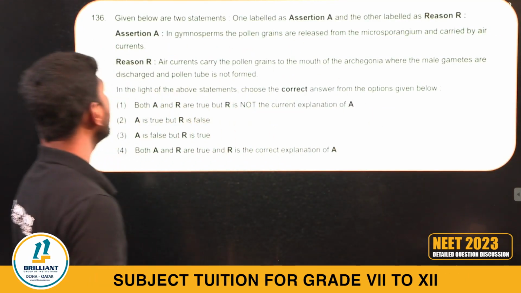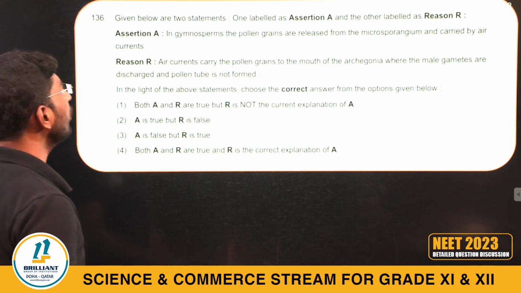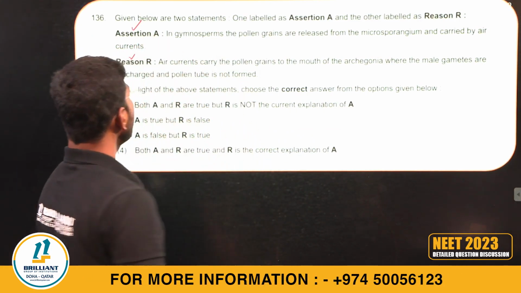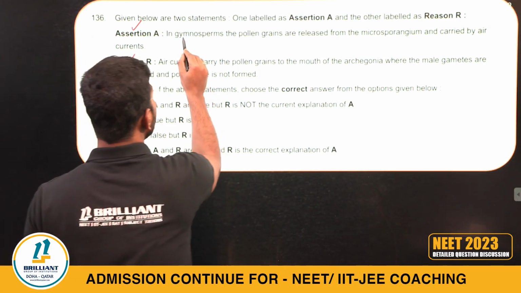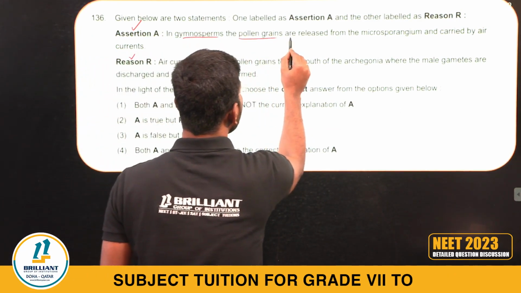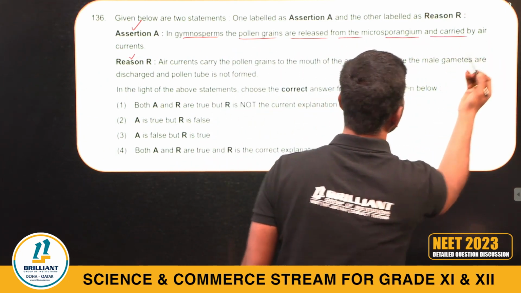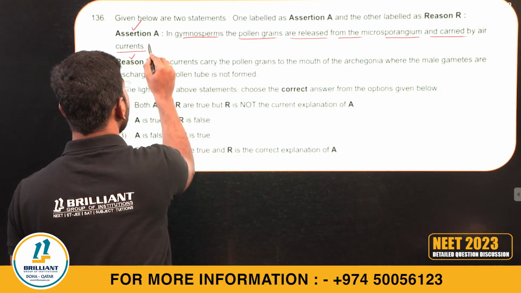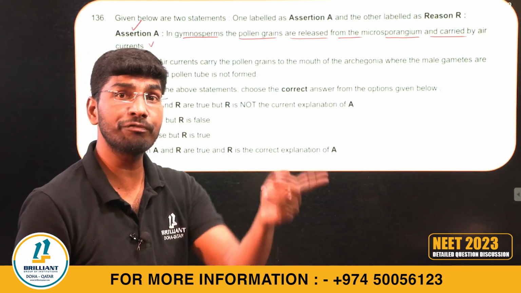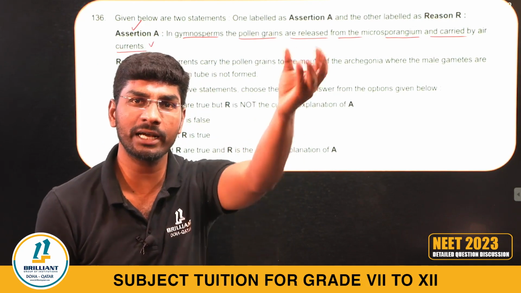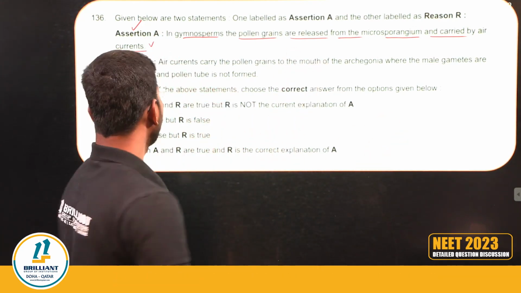Next question, 136. Given below are two statements. Again, one is assertion, one is reason. What is the assertion? In gymnosperms, the pollen grains are released from the microsporangium and carried by air current. Correct? Gymnosperms show wind pollination. Air current carries what? Pollen grains.